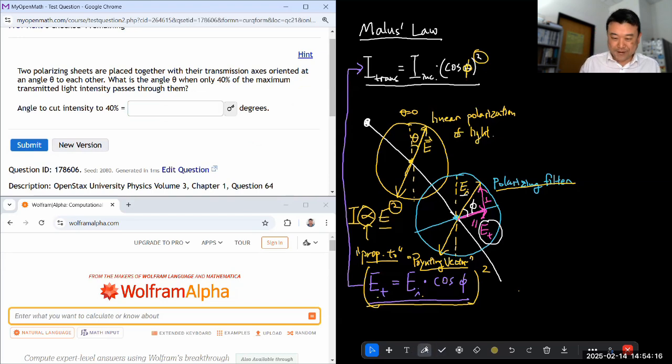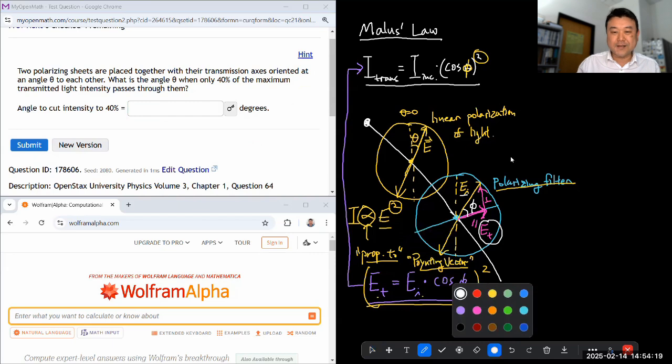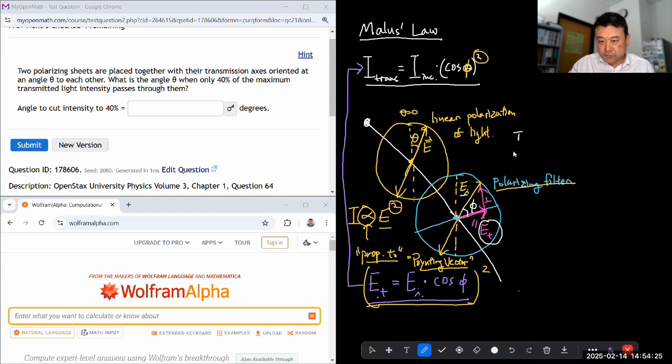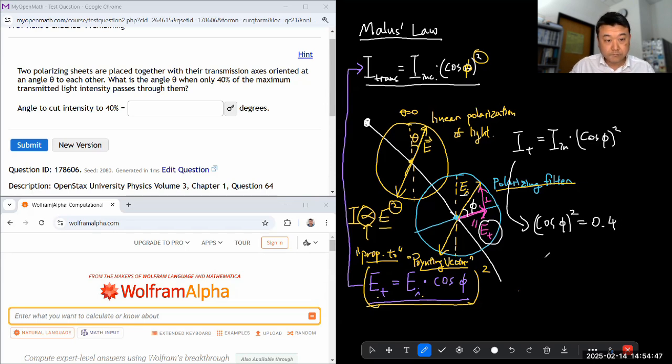The transmitted intensity is equal to the incident intensity times cosine phi squared, and putting in that information about the 40%, we are saying that cosine phi squared is 0.4. Intensity to 40%, not by 40%. So cosine of phi is equal to the square root of 0.4.